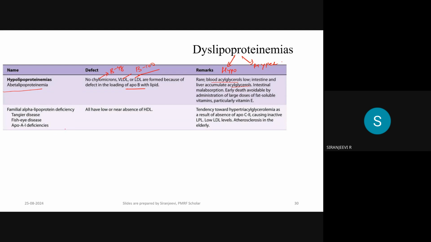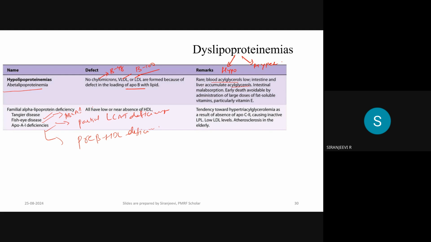There are three deficiencies that we usually talk about: Tangier disease, fish eye disease, and ApoA1 deficiency. Tangier disease is related to ABCA1 transporter deficiency, fish eye disease is related to partial LCAT deficiency, and ApoA1 deficiency is related to the pre-beta HDL formation deficiency.